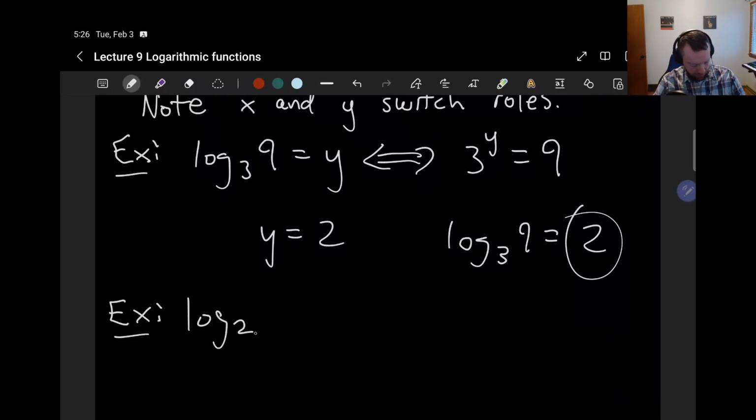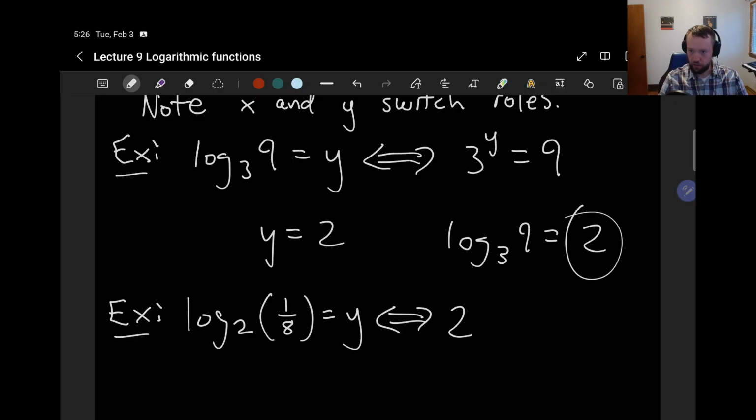Next, log base 2 of 1/8. We want to solve that. Let's call it y. Think of it in terms of an exponential of base 2, y now being the input, and 1/8 now being the output.